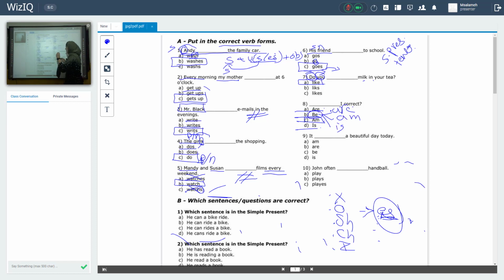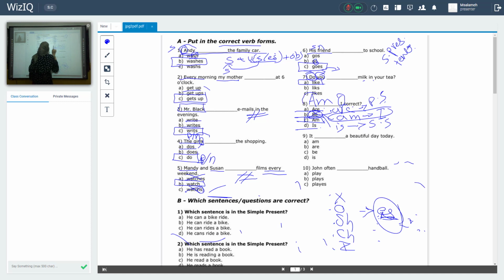So be is the root, so I will delete it. Is for singular subject, am if the subject is I, and are for plural subject. So I will choose am because the subject is I. So am.